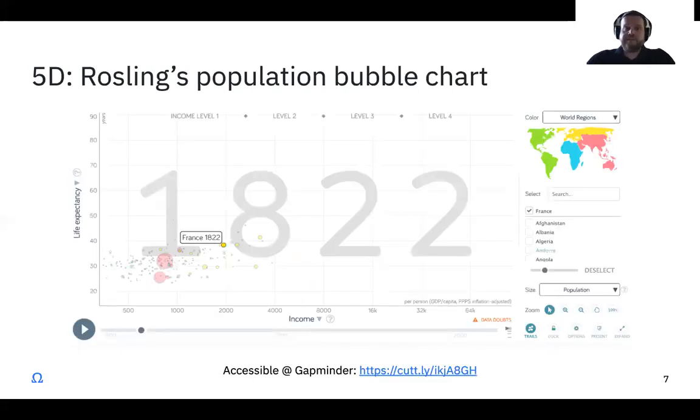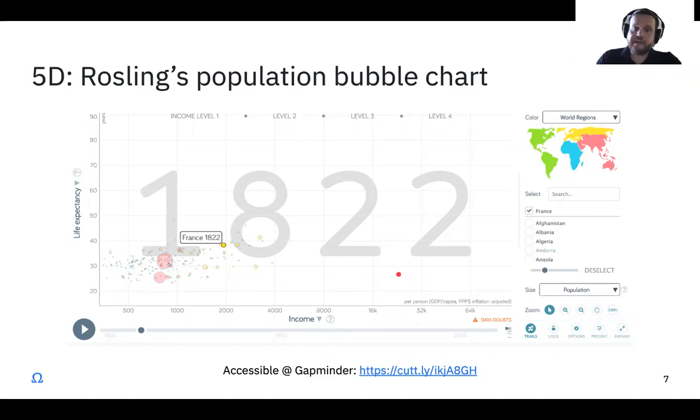We have also seen a 5D plot already. This has been mentioned a number of times as well. Here we can encode income on the x-axis, life expectancy on the y-axis. Continent is the glyph color. The bubble size is the size of the population at the time. And the fifth dimension is the time. We have an animation.